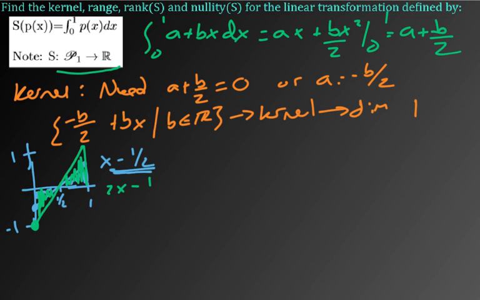So to get the rank of the transformation, the range and all that, you could use the rank theorem, honestly, just kind of do it a different way than we did it before.